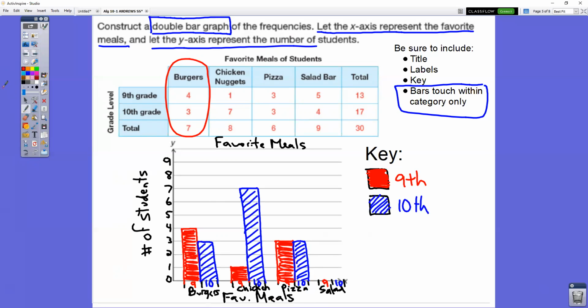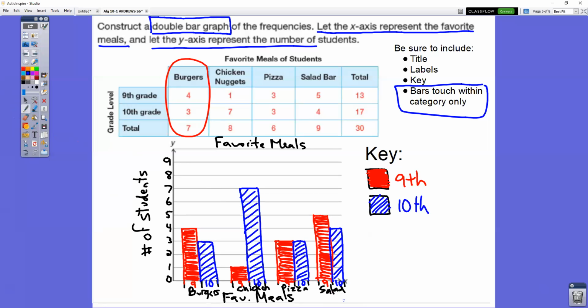For salad bar, we have 5 and we have 4. So 5. And we have 4. And there is your double bar graph.